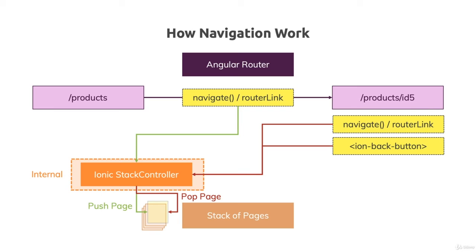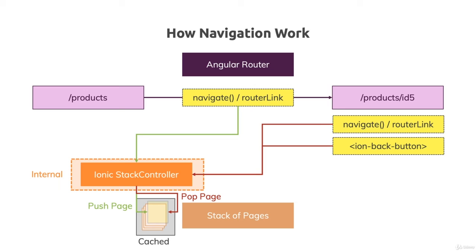Now this stack of pages, and that's also something special Ionic does, is then also cached for you. And that is now a difference to your normal Angular for web in browser experience. There, what happens is if you go to a new page and you go back, all these pages, which in the end are just components, are essentially destroyed when you leave them, no matter if you're going forward or backward. Now with Ionic, that's actually not the case.